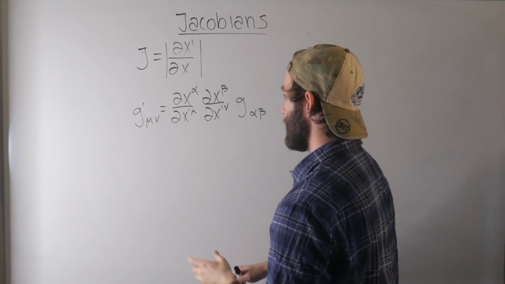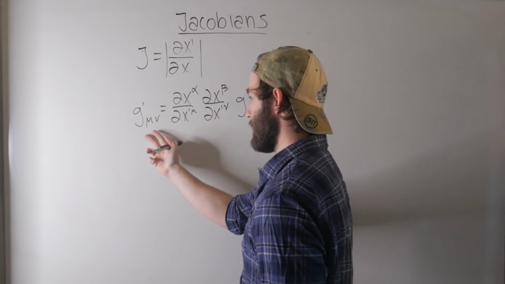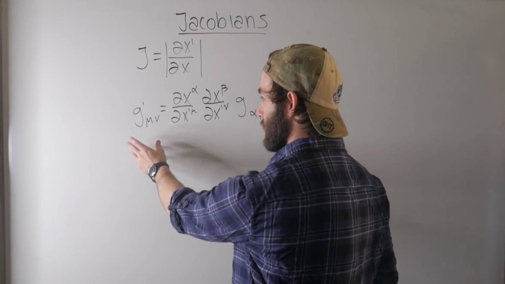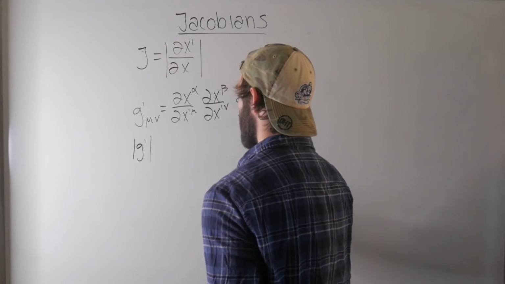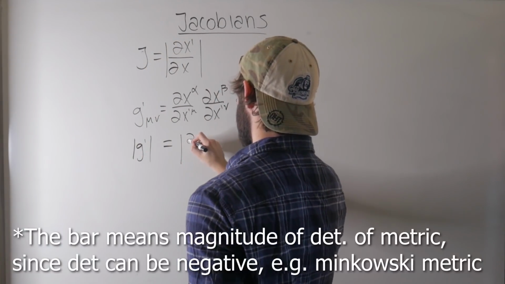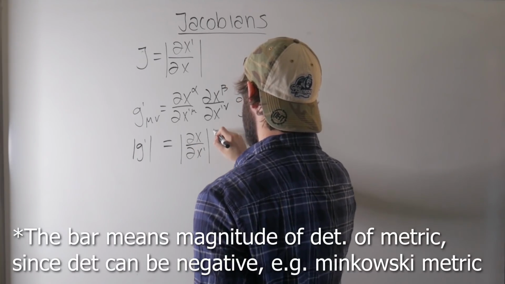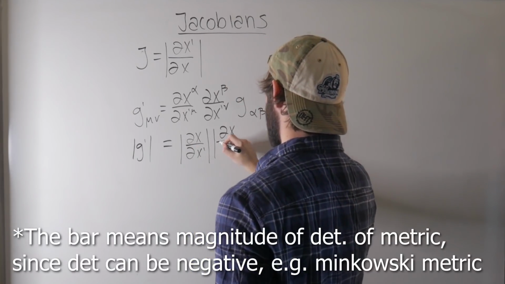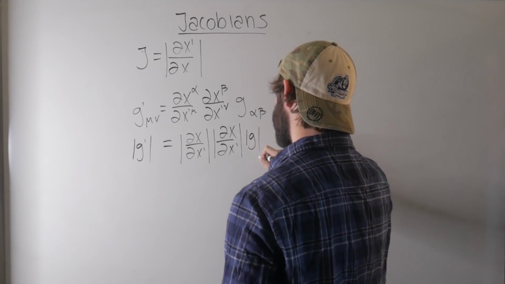Let's go ahead and take the determinant of both sides. So we do that, and the determinant of the matrix element of the metric, I'm just going to write as just the regular g' in these bars. And this is going to be equal to this determinant, dx over dx', times dx over dx', times the determinant of g.